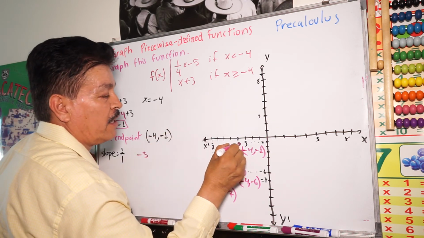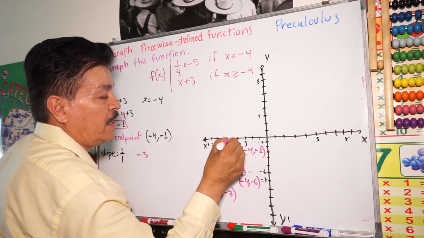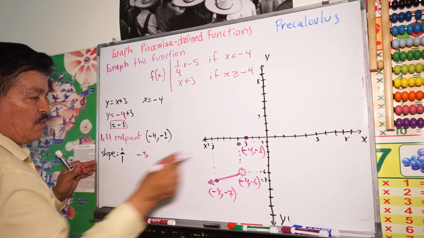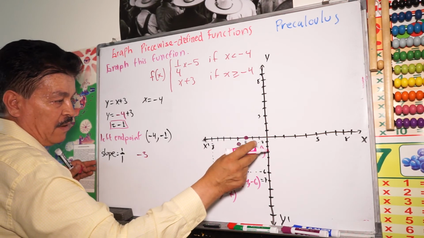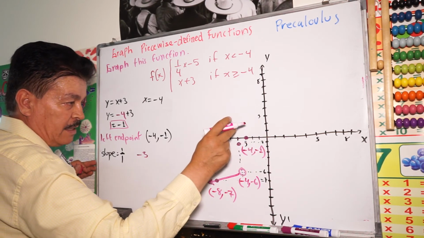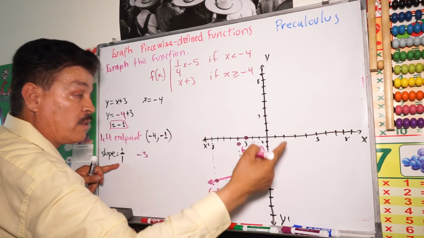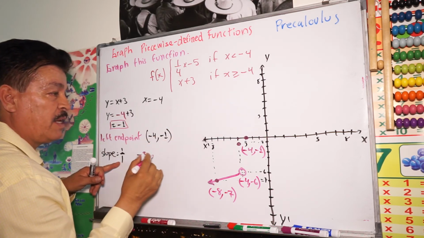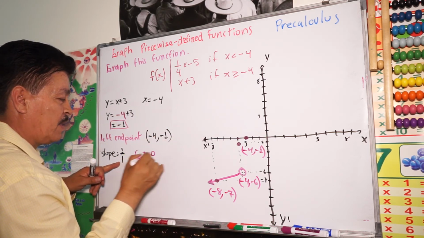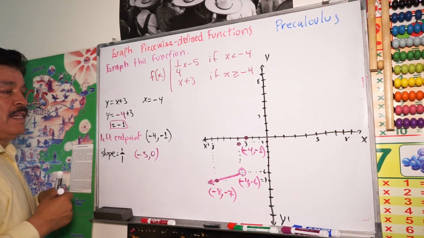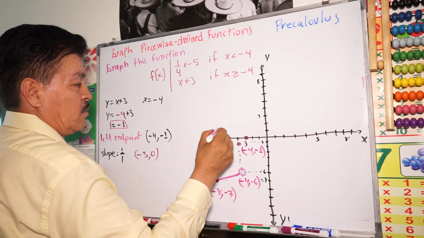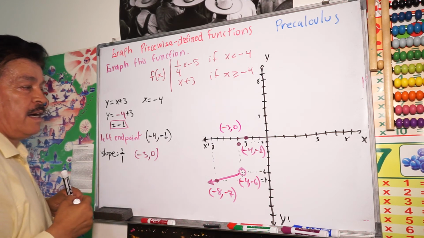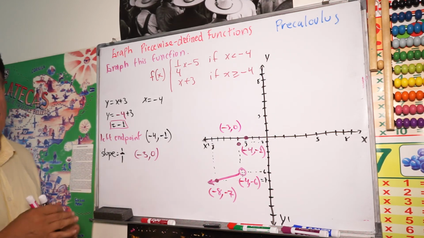From -4, -1, move up 1 and then right 1. Move up 1 point and then another point to the right. It's going to be at 3, 0. This is another point: 3, 0.